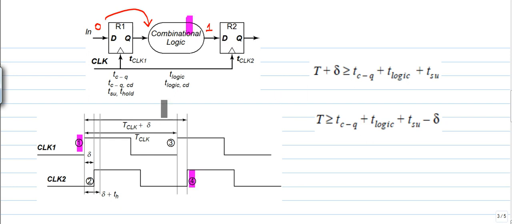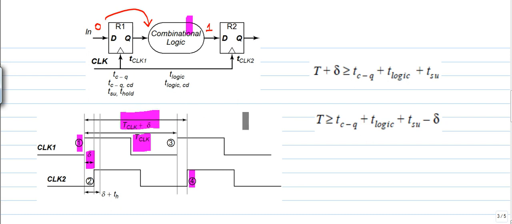So one has to note very clearly, initially the time available for the combinational logic is TCLK, but now because of the clock skew, this delta, the time available for the combinational logic is increased by an amount of delta, right?